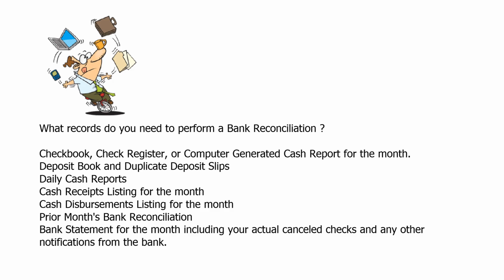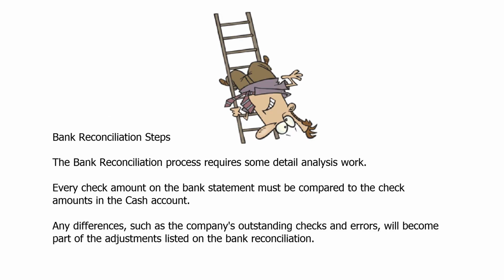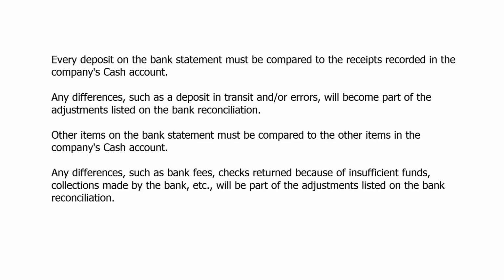Bank reconciliation steps. The bank reconciliation process requires some detailed analysis work. Every check amount on the bank statement must be compared to the check amounts in the cash account. Any differences, such as the company's outstanding checks and errors, will become part of the adjustments listed on the bank reconciliation. Every deposit on the bank statement must be compared to the receipts recorded in the company's cash account.